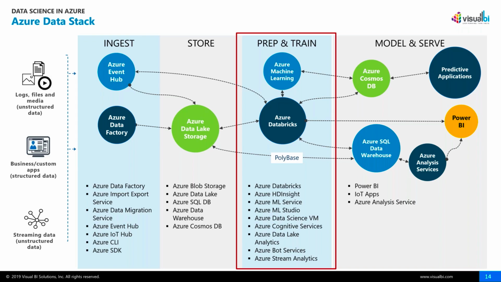Then the results can be stored and used as is, like in Azure Cosmos DB or Azure SQL Data Warehouse, or we can further transfer them to other tools to serve IoT applications or to publish reports on a dashboard like Power BI, which is very useful.